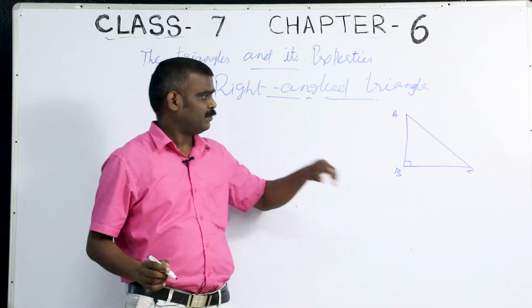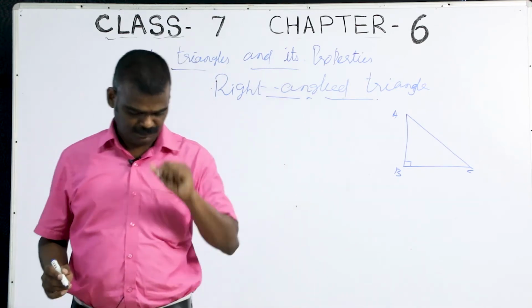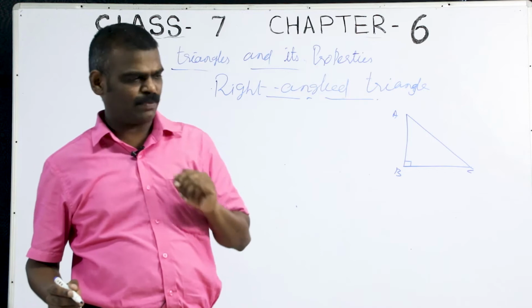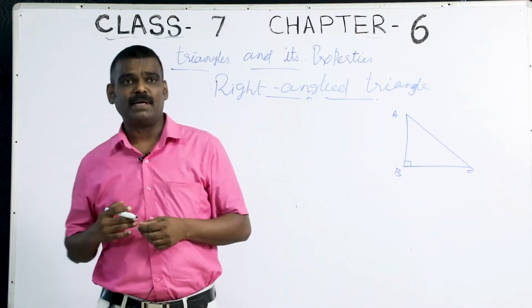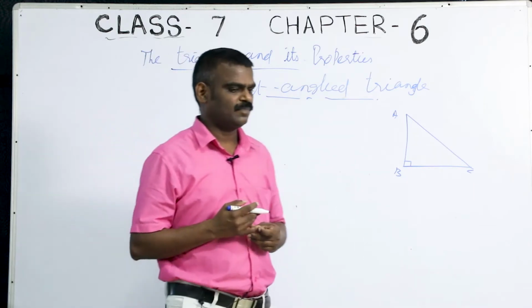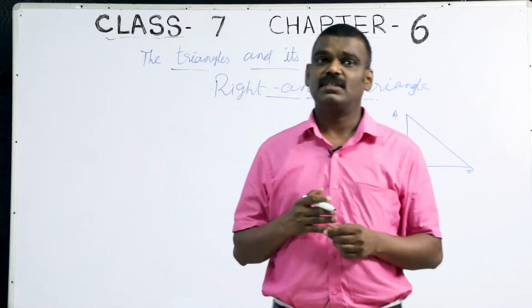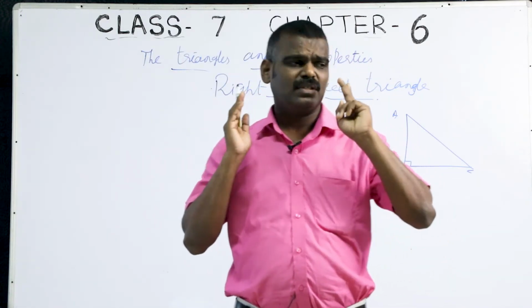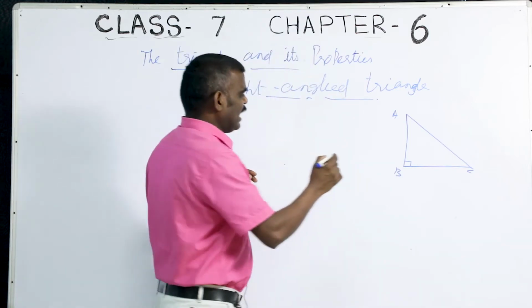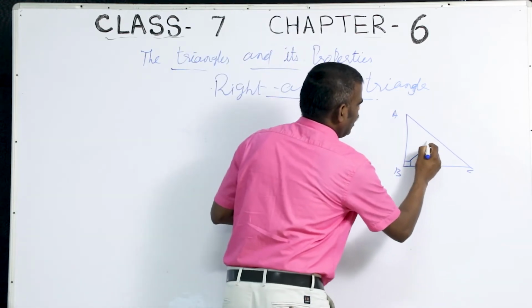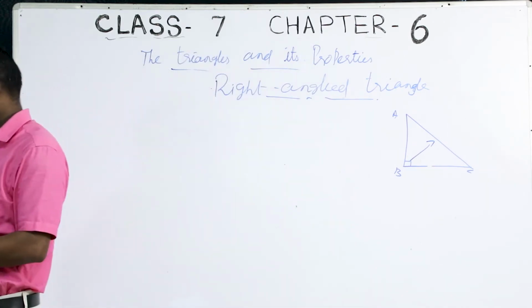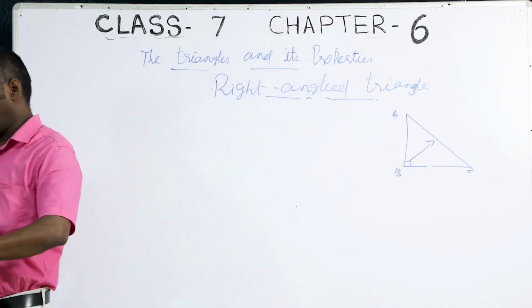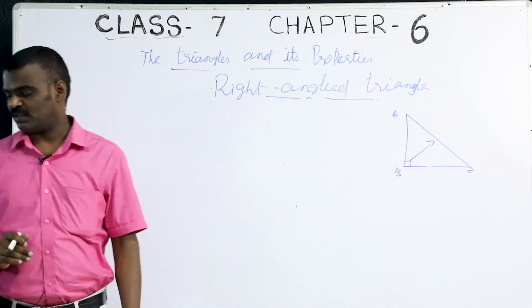So here, there is a famous mathematician called Pythagoras. The Pythagoras theorem tells, in a right angle triangle, the side opposite to 90 degree is always called which one? Hypotenuse.